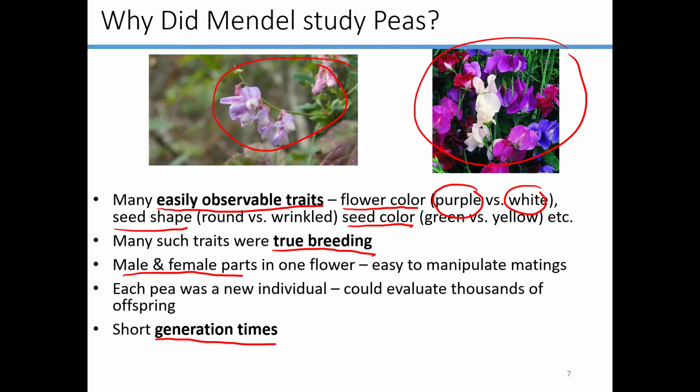He wouldn't have been able to have such a large sample size if he used something else. And then finally, they were very cheap and readily available, giving him ease of access in order to conduct these experiments.